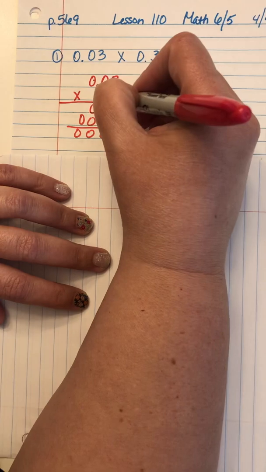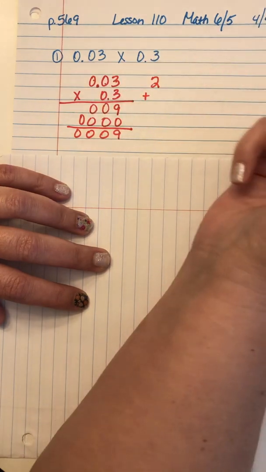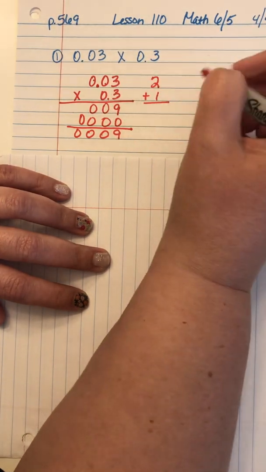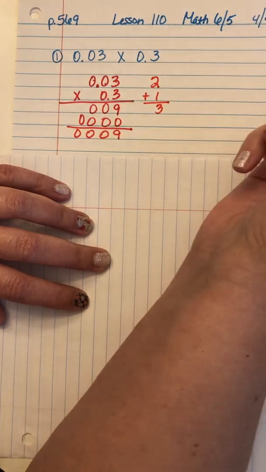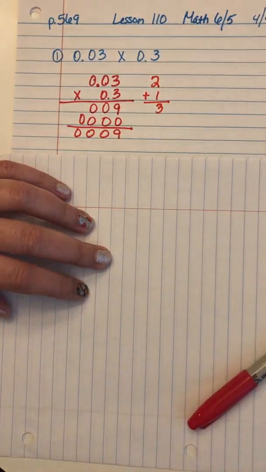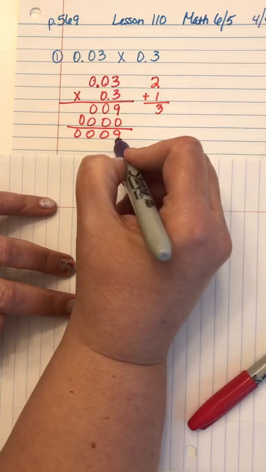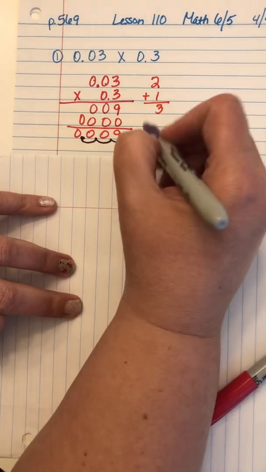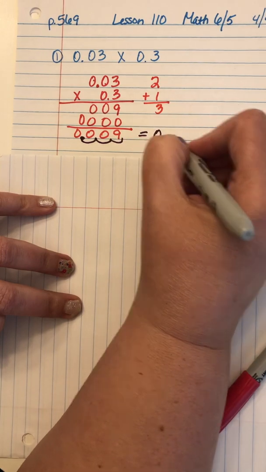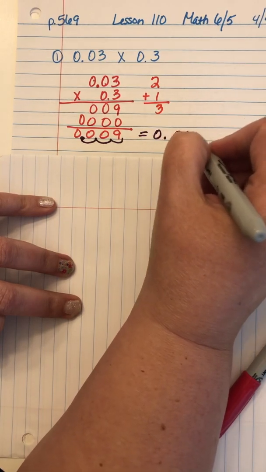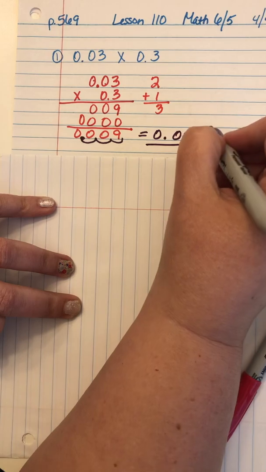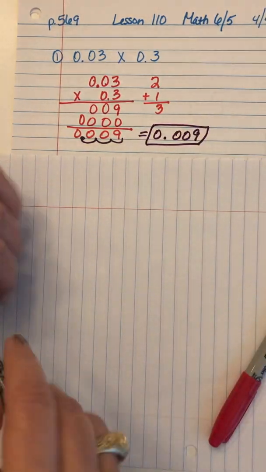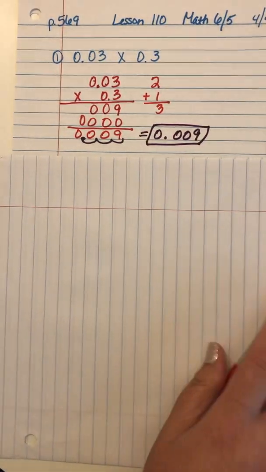And here, I have 1 digit, so I have 1 decimal place there. That is a total of 3. So I bring in my decimal, I go 1, 2, 3, and my answer is 9 thousandths. Same thing we did in lesson 109.